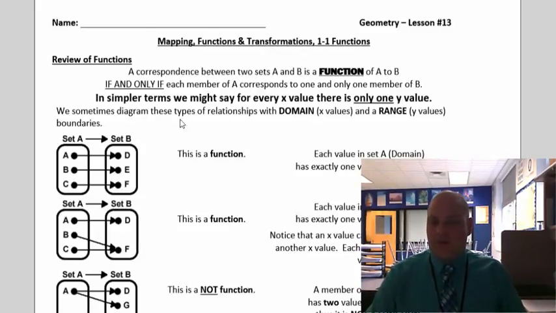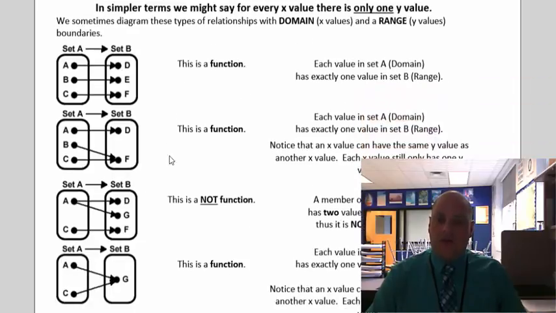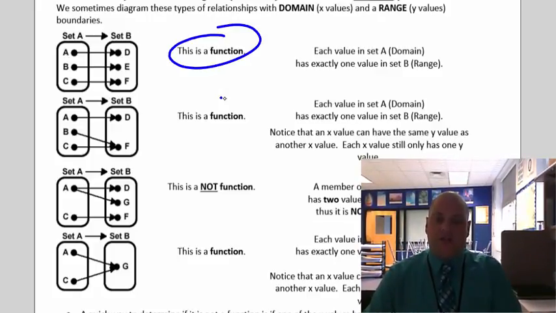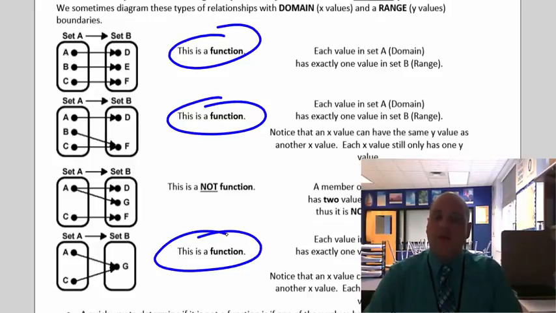Instead of reading this word for word, we're going to use the diagrams to help us, okay? So there are 4 examples here, and 3 of them are functions and 1 of them is not a function. See how it says this is a function, this is a function, this is a function, and this is a function.